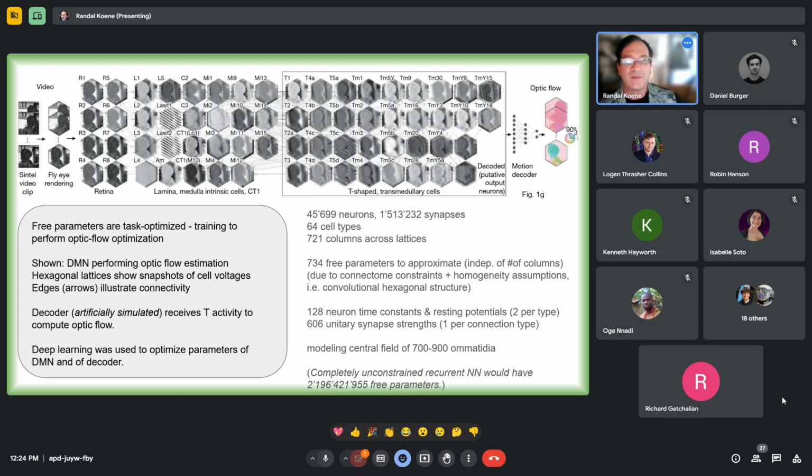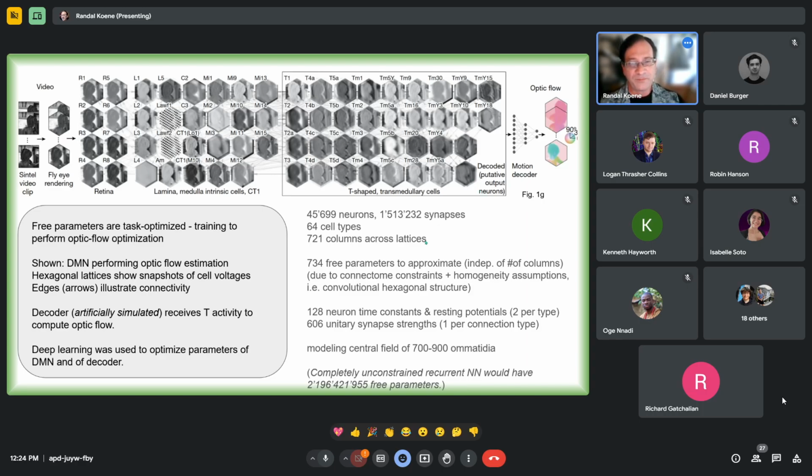Figure 1G shows an example of a step in the task optimization procedure that was used to determine the free parameters. Also shown is the decoder network that we haven't discussed yet, and that was used to determine the optic flow metric based on activity of the T-shaped cells. And that decoder is a simple feed-forward convolutional decoding network.